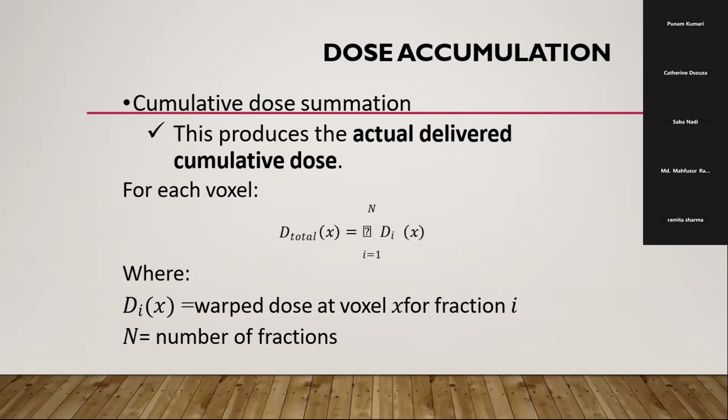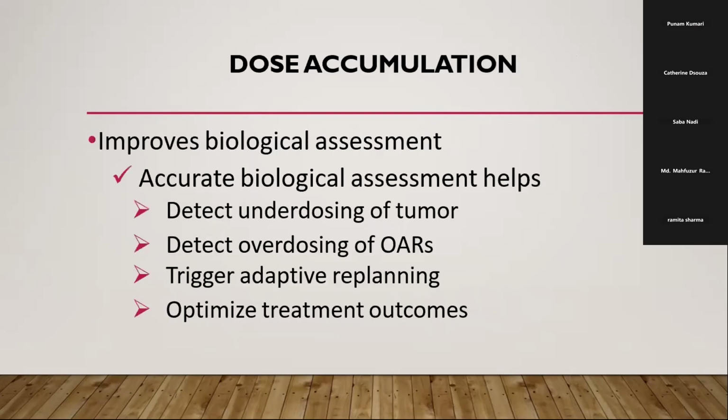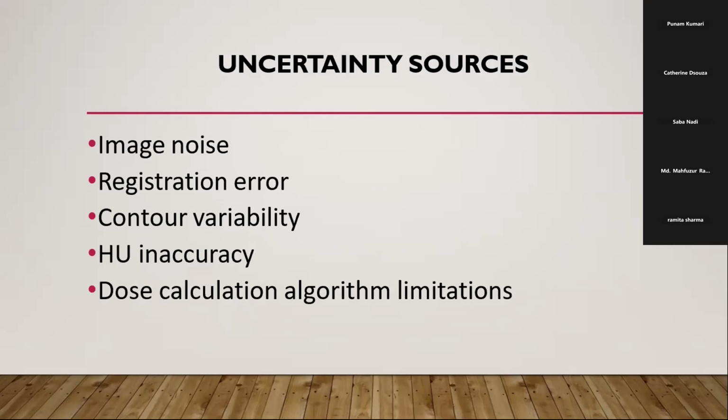The total dose will be the summation of the dose received in the individual fractions. If the dose calculation is appropriate, it will improve your biological assessment, detect underdosing of tumor, detect underdosing of OARs, trigger adaptive replanning, and optimize treatment outcomes.